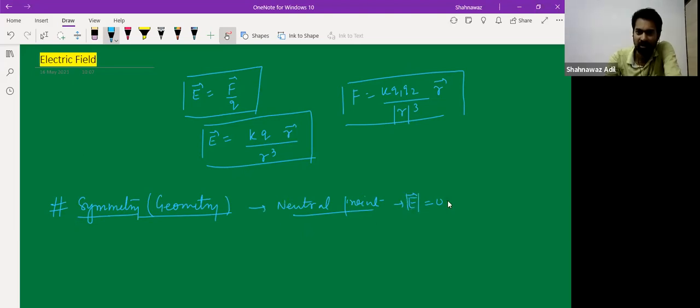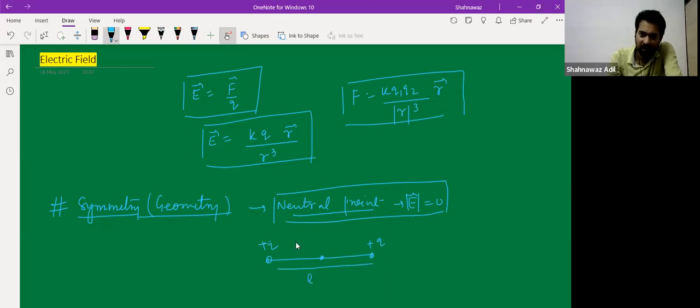So this is the neutral point. Okay, so let's say for a line and you have some equal charges, at the midpoint of the line, let's say this is L, so at L by 2, this will be the neutral point.